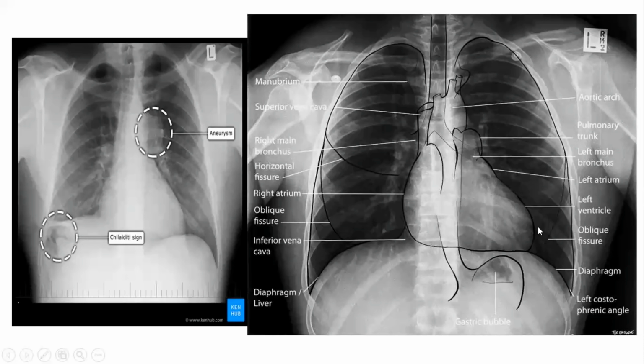Then this is the left ventricle, diaphragm here, and inferior vena cava. This is the right atrium. This is the manubrium sterni. And here is the superior vena cava. This is the gastric bubble.